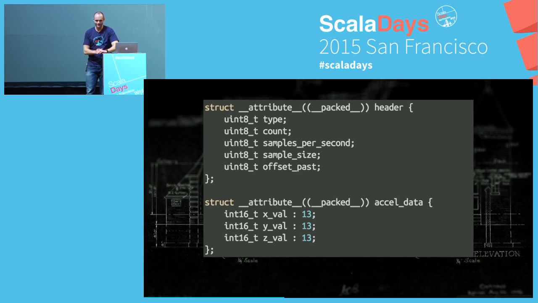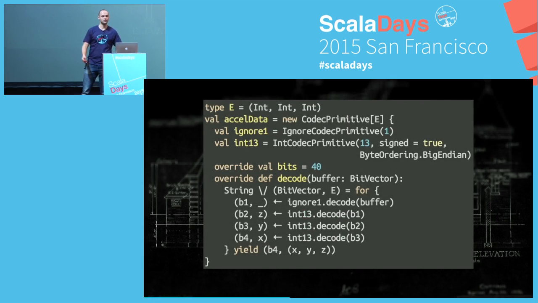Unfortunately, the watch is a big endian CPU, and so we have to make sure that we decode the data in the right way. And for that, we use scodec. I think Martin Odersky mentioned scodec as one of the really cool libraries that are available on the Java platform, and here it is. I can construct things like 13-bit signed big endian decoders. And then to decode 40 bits, which results in either a string, an error message on the left, or on the right, the remaining bits to be decoded and the decoded value, it's a nice application of the for comprehension.